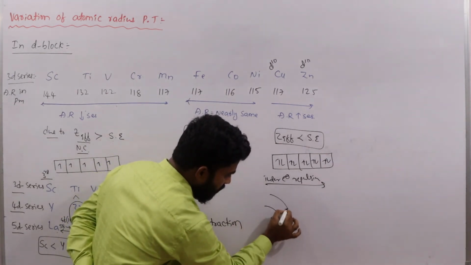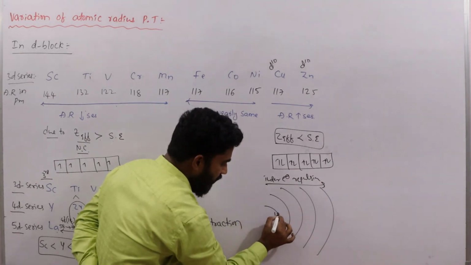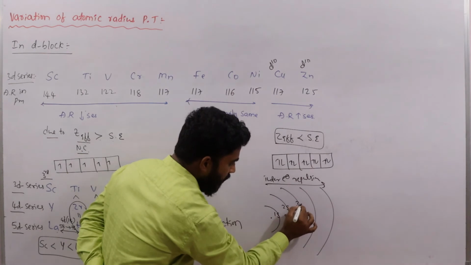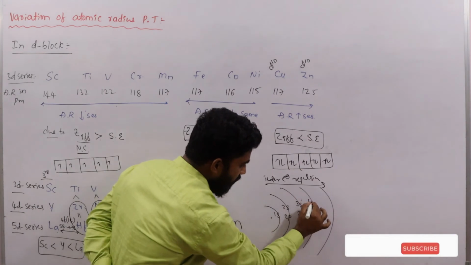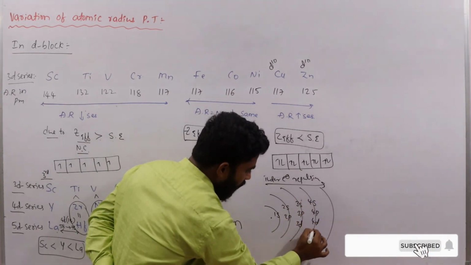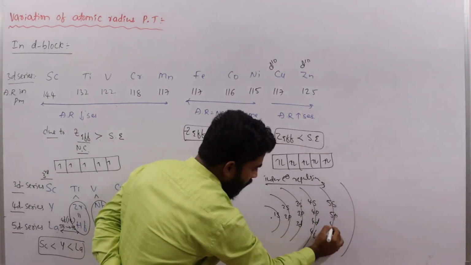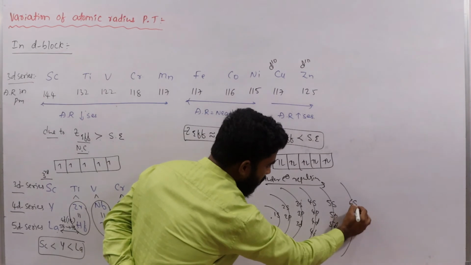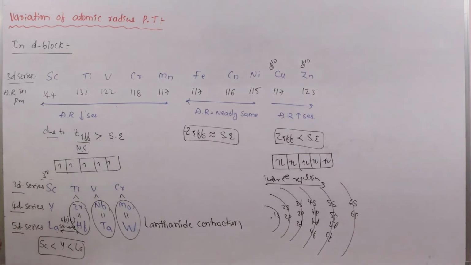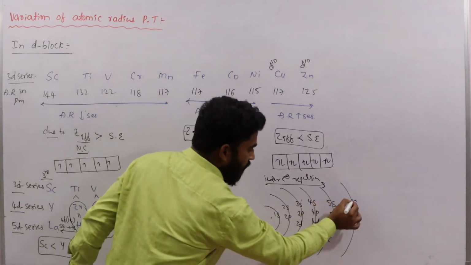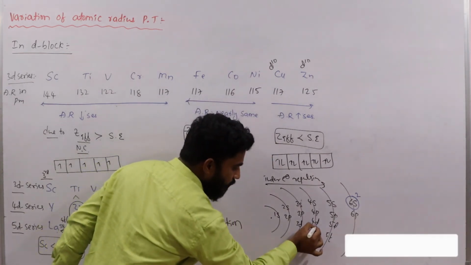This is the first shell, second shell, third shell, fourth shell and fifth shell: 1s, 2s, 2p, 3s, 3p, 3d, then 4s, 4p, 4d and 4f, 5s, 5p, 5d, 5f, then 6s, 6p. After completion of 6s2, electrons enter the 4f orbital.